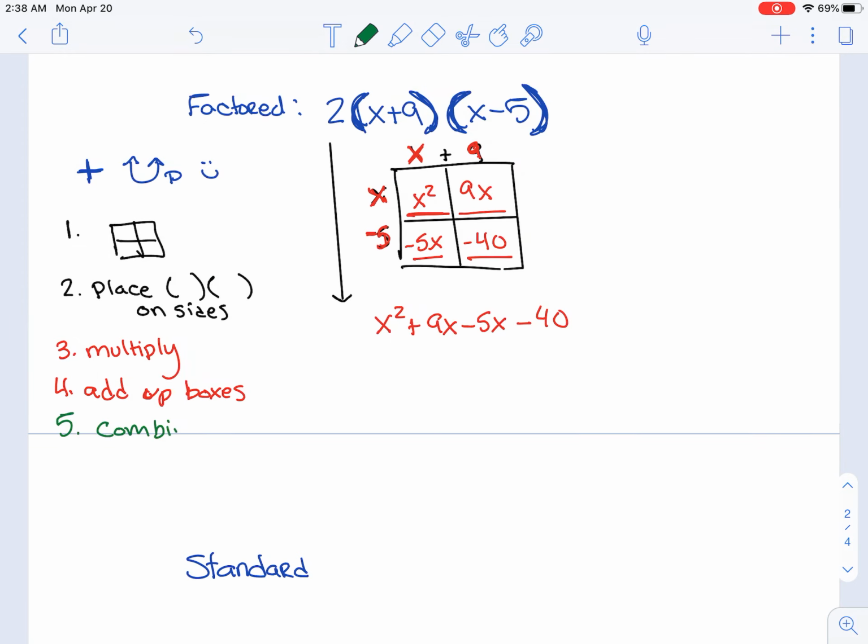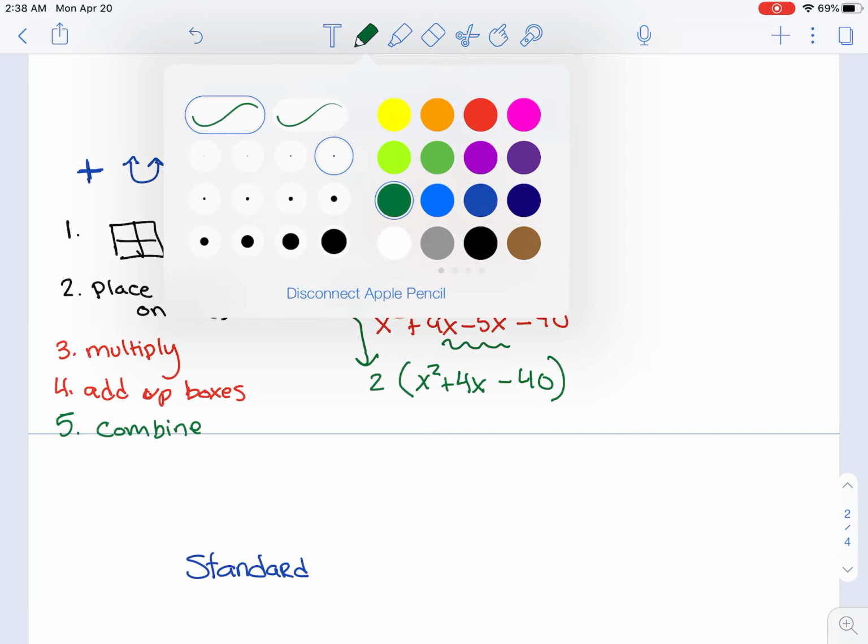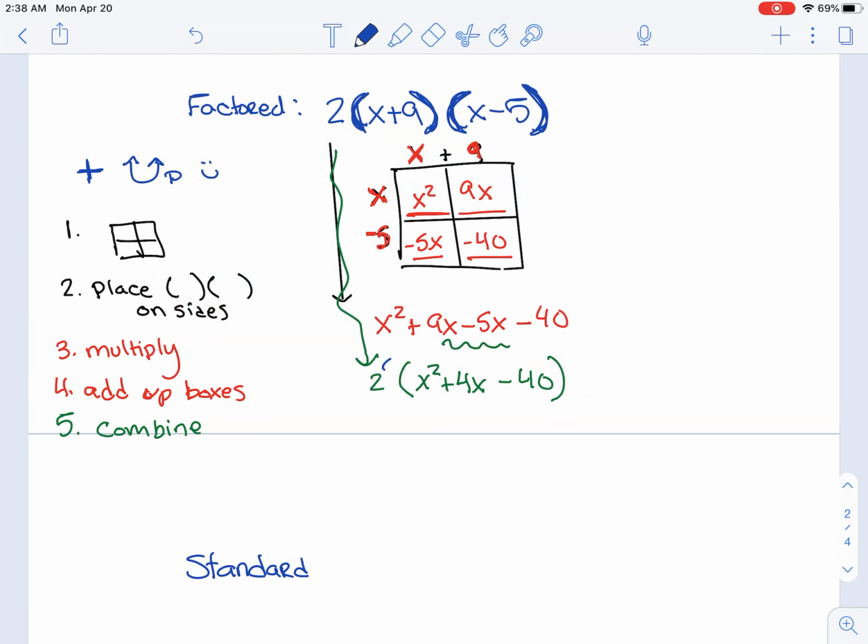Then I'm going to combine like terms if I have them, which I do. Okay, now this looks like a standard form, but it's not quite yet because we had to bring that 2 down. When we do so, it goes outside of parentheses and we distribute in.